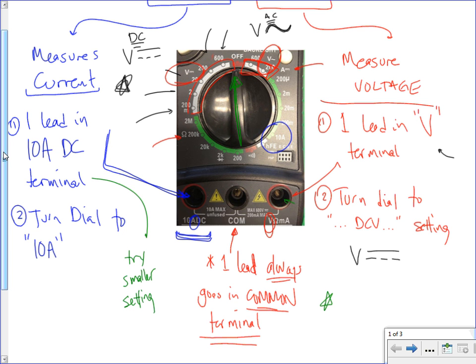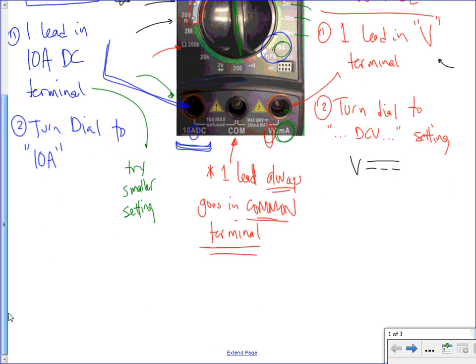So when you try to measure current, try to use the milliamp terminal, and try to maybe use this or this or this or this. But if they just don't read, then you're going to have to change the terminal over to the big 10 amp terminal and change the setting to that 10 amp. But you ought to try. All right, but here's what will likely happen in at least some cases.